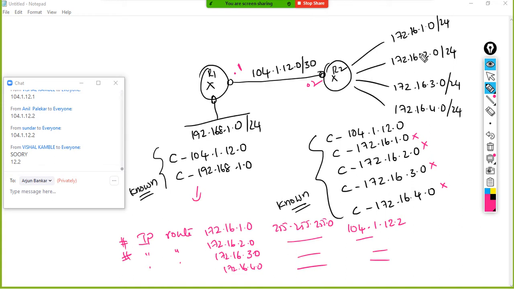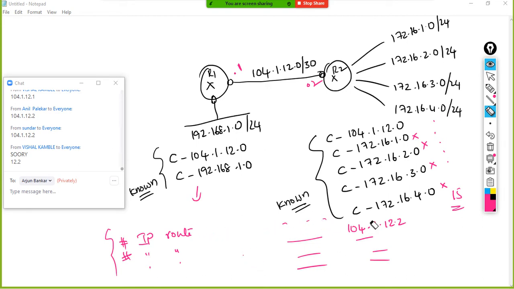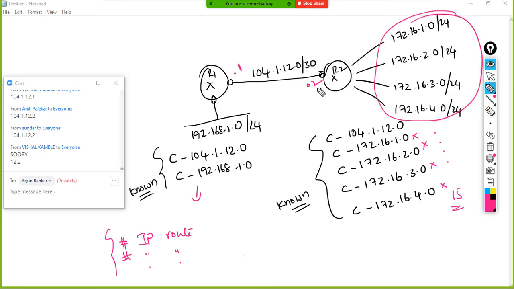If it is 4 subnetworks, no issues, I can write 4 routes. But the problem is when there are almost 10 to 15 routes. At that time, instead of writing them all, all these subnetworks fall under 172.16.0.0, right guys?